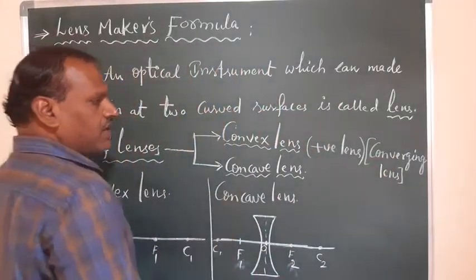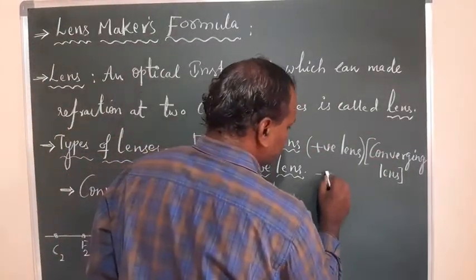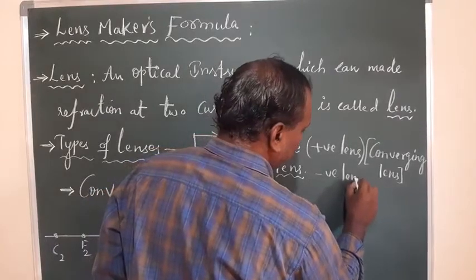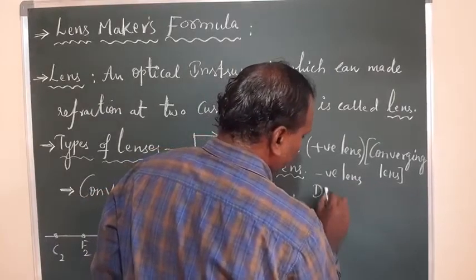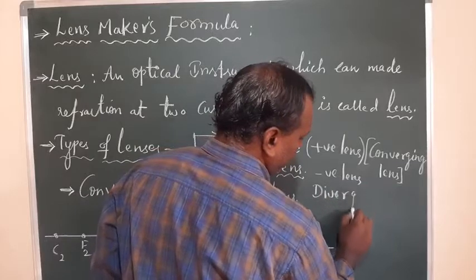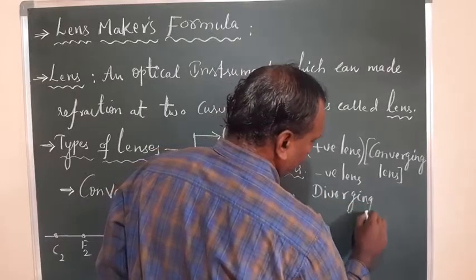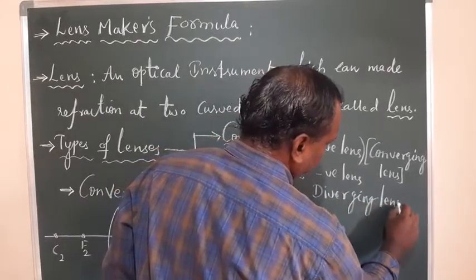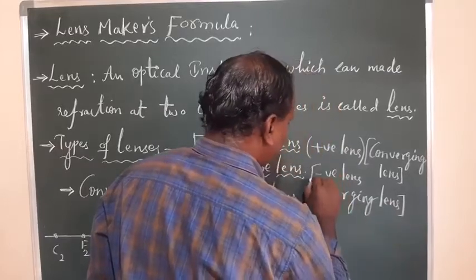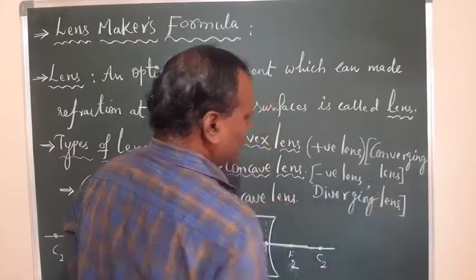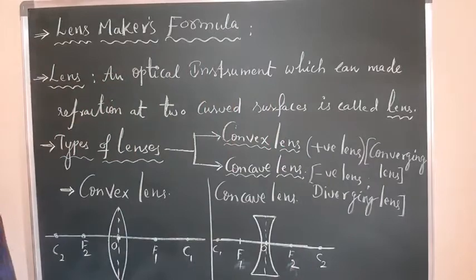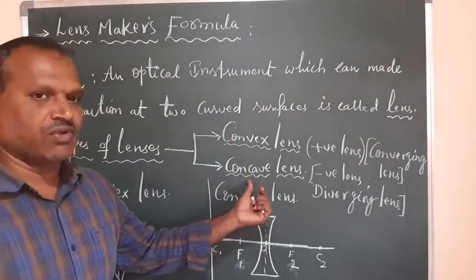Similarly, this concave lens is a negative lens, and it is a diverging lens. Negative lens or diverging lens, that is called the concave lens.